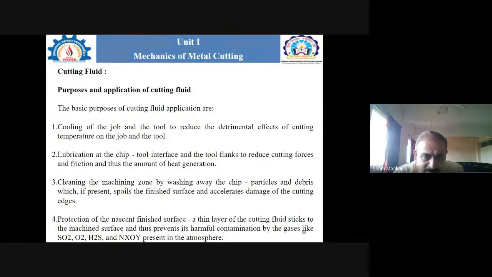Apart from that, the chips in small pieces will definitely be removed with the help of cutting fluids. So these are the basic functions or purposes for which we consider the use of cutting fluid.